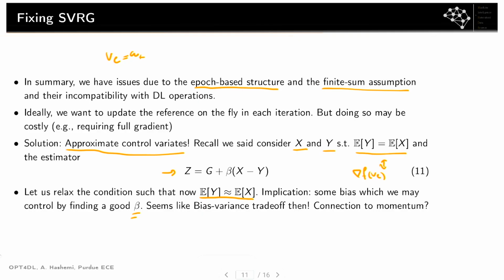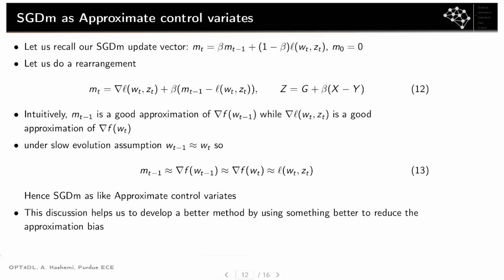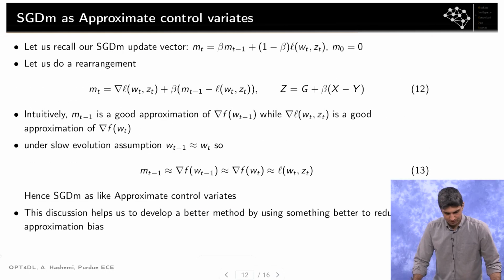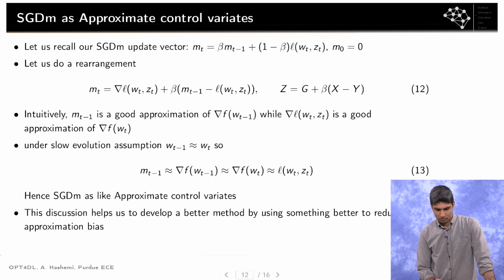We talked about the bias-variance trade-off before in the context of SGD with momentum. So a natural question is: is there any connection between approximate control variance and momentum or not? And in fact, the answer is yes. Let's recall our SGD with momentum update vector. This was the update vector we defined for SGD with momentum.